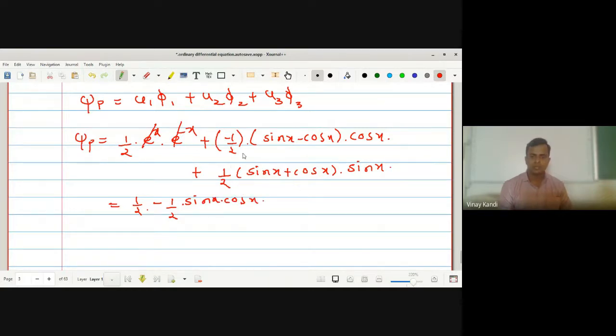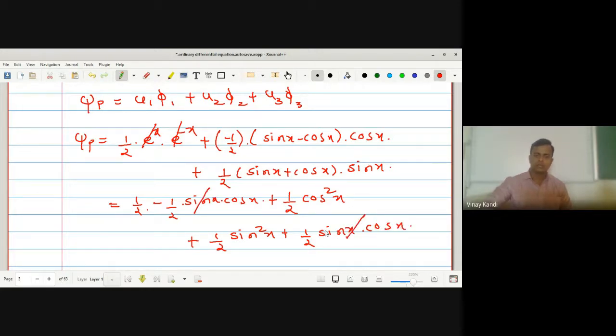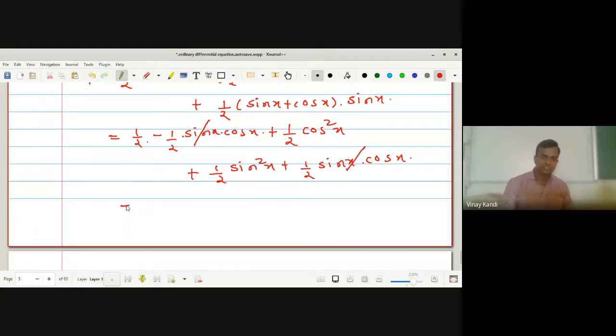Minus minus gets plus 1 by 2 cos square x, plus 1 by 2 sin square x plus 1 by 2 sin x cos x. So this gets cancelled. Now take 1 by 2 common, here you get cos square x plus sin square x, which is equal to 1 by 2.